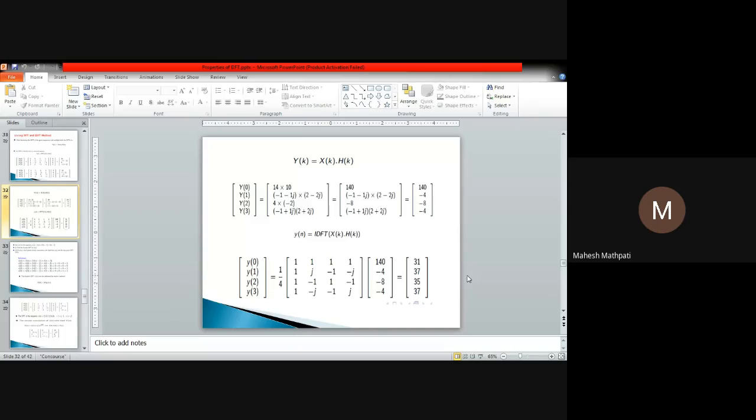Can anyone summarize the procedure? Anyone from the boys' side?